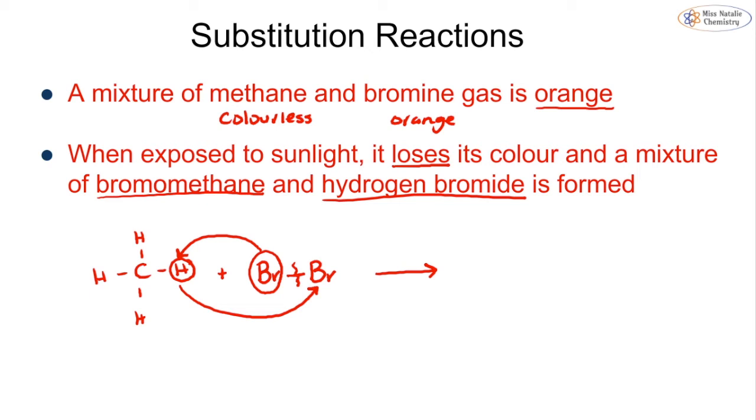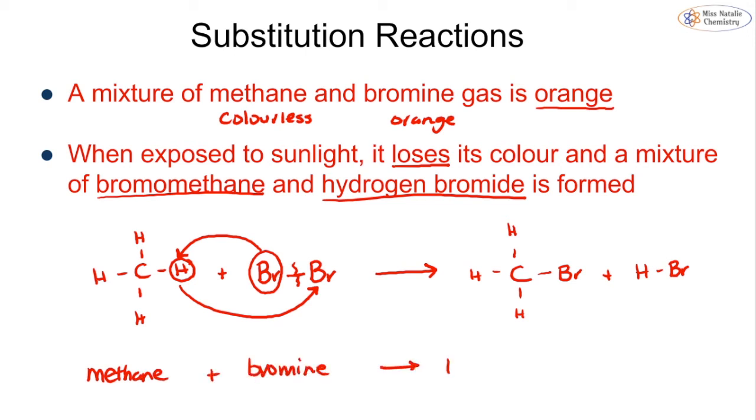We can then look at the new compounds that are formed. So we have our carbon with the 3 hydrogens that it started with. That's not changed, but this 4th hydrogen has now become a bromine. And we also have the hydrogen that was lost bonding with the bromine that is left. So this is methane plus bromine, giving us bromomethane.